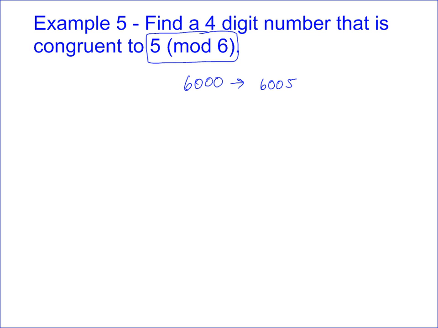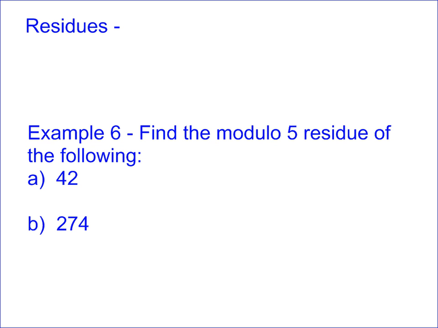And so that leads us to this other definition, which we call a residue. A residue is a way of saying this remainder. Whenever we're talking about residues, we're always saying the remainder in modular arithmetic.